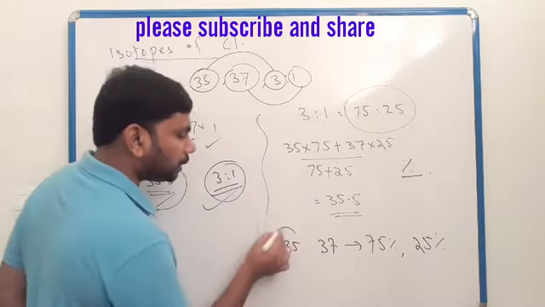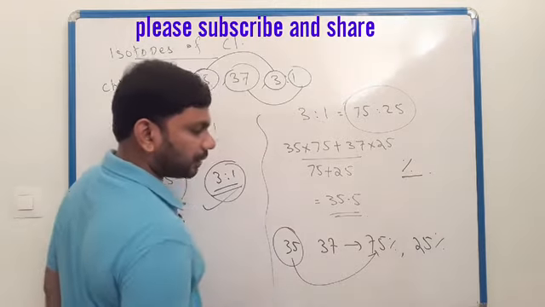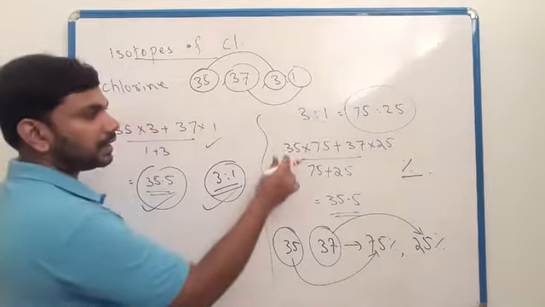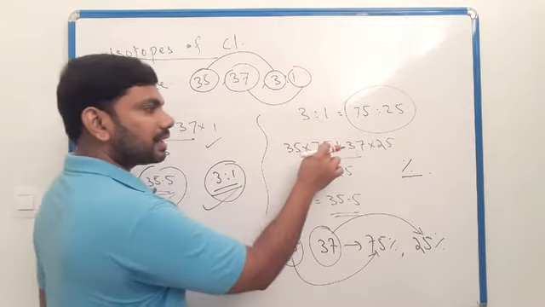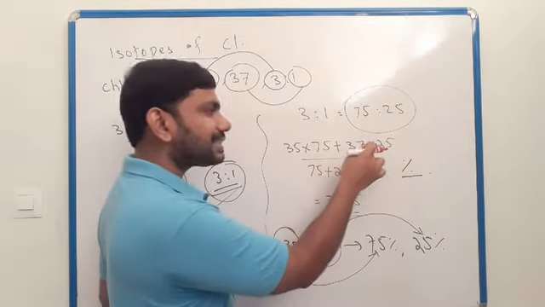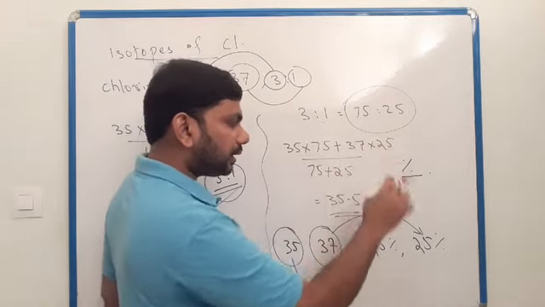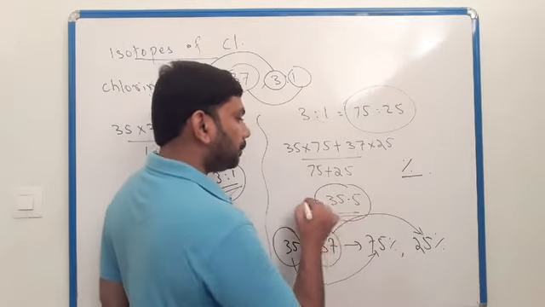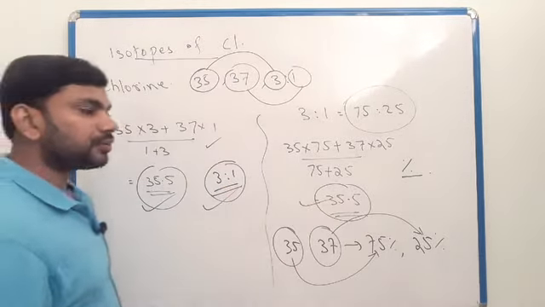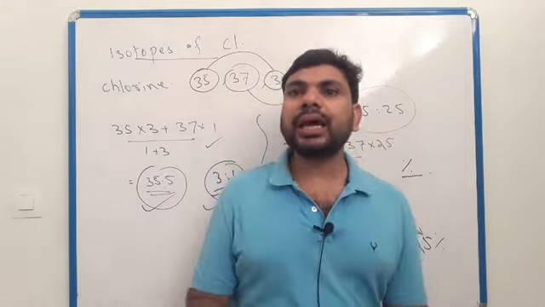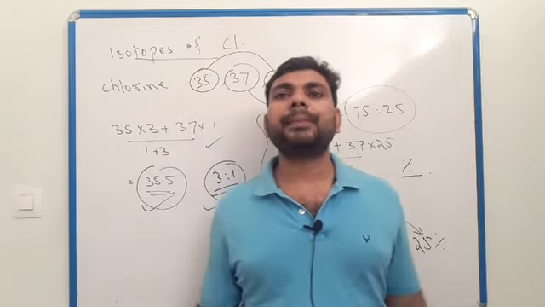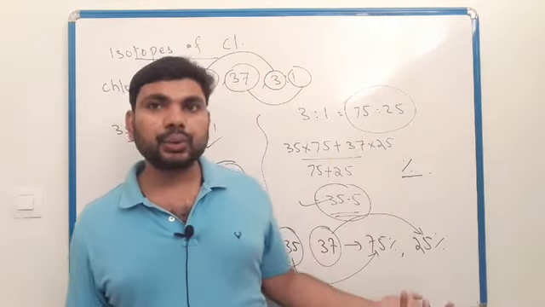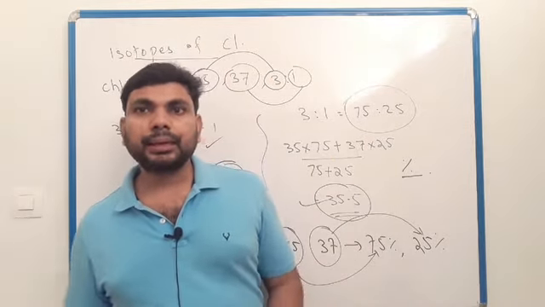Same method: 35 times 75 plus 37 times 25, divided by 75 plus 25, which is 100. Also its answer will be the same, 35.5. So using this method you can find the average atomic mass of any element using a ratio or a percentage.